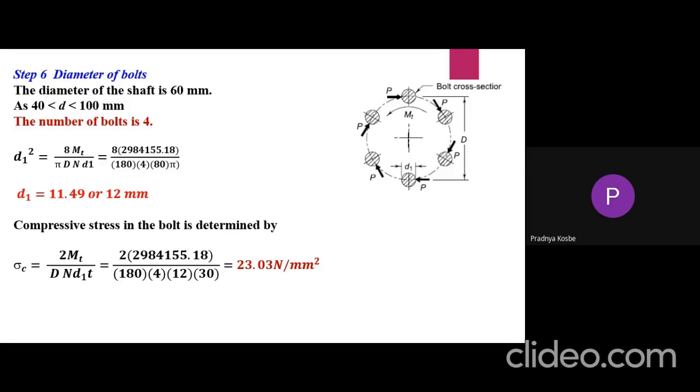So if I am taking only a single bolt, torque will be equal to p into radius. P is the force acting on each bolt into radius, that is d by 2, and there are n number of bolts, so mt is equal to p into d by 2 into n.